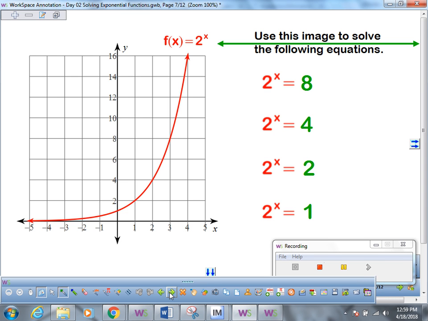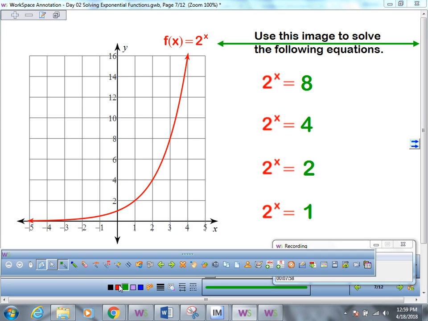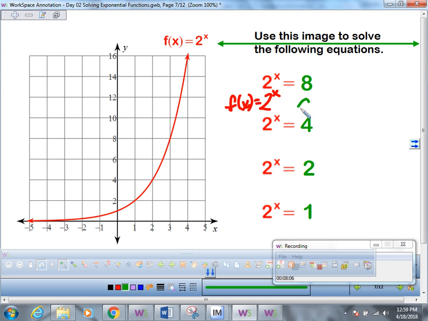Okay? We've done this before when solving equations in different functions by using a constant line and the graph. So on one side, if I have 2 to the x equals 8, I can write that as f of x is 2 to the x, and g of x is 8.